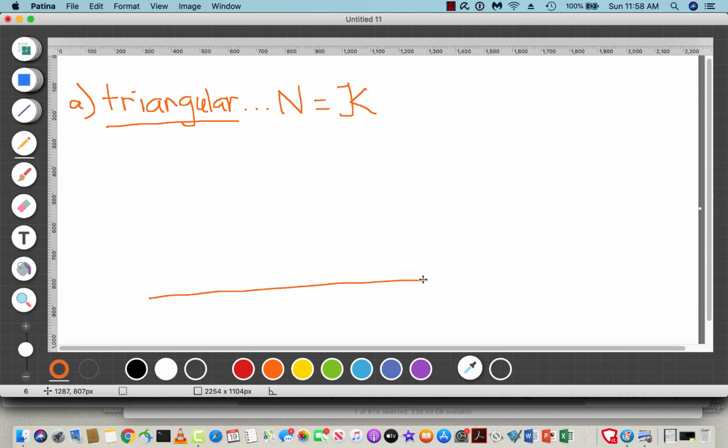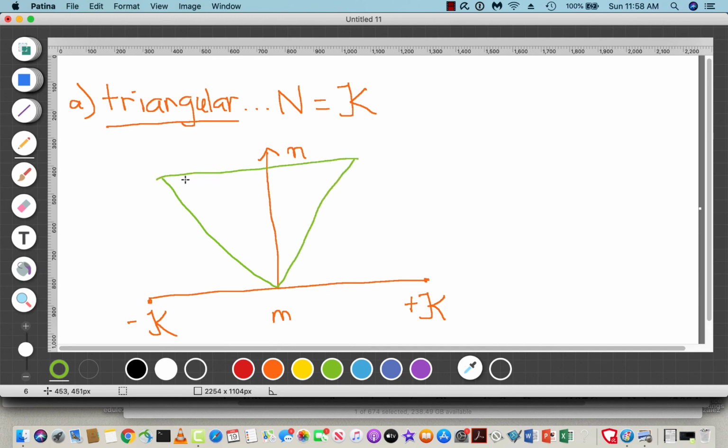So let's have this axis, which is the value of little m, going from plus capital K to minus capital K, and this axis, which is the value of n. The triangular truncation means that the values that we use are contained in this space, which curiously is a triangle.